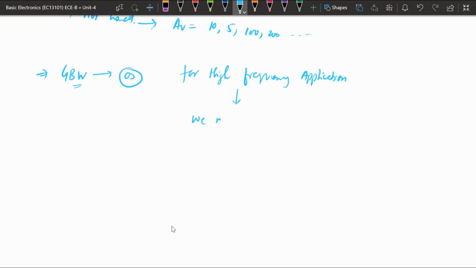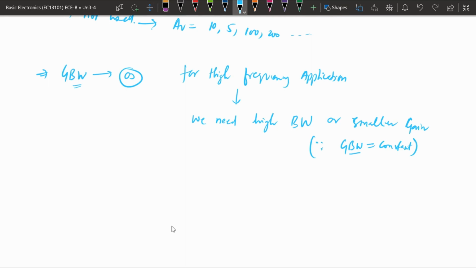So to operate these operational amplifiers for high frequency applications, we need high bandwidth, or a smaller gain. Why? Because the gain bandwidth product is always constant. So if we are going to increase bandwidth, we need to reduce the gain.